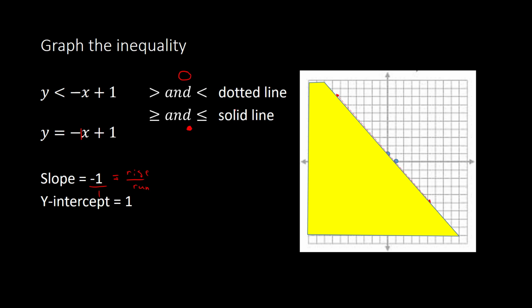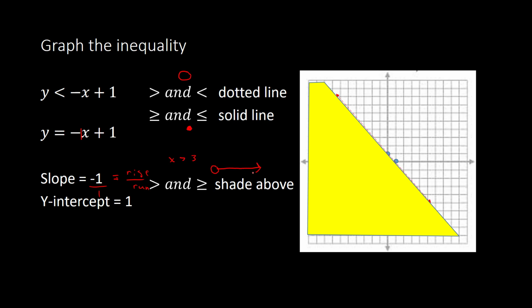And the other difference is going to be the shading. So how do you know when to shade below or above? Well, if it's greater than or equal to, it's going to be shading in above because the numbers are bigger above the line. And that's kind of analogous to shading into the right with one variable. So if x is greater than 3, it's going to be an open circle shading into the right.